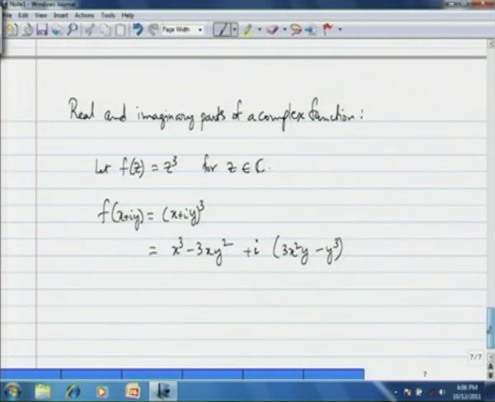From here we call x cube minus 3 x y squared the real part of f. So, we see that this expression of f, as x cube minus 3 x y squared plus I times etcetera, is valid for every complex number x plus I y.